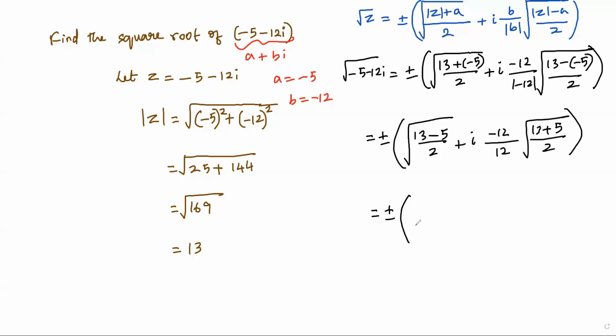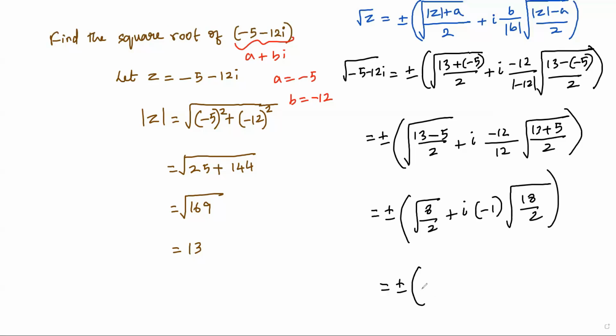Positive or negative, 13 minus 5 is going to be square root of 8 over 2, plus i times negative 12 over 12 will become negative 1. And square root of 13 plus 5, inside the square, 13 plus 5 is 18 over 2. So we get positive or negative square root of 4, and positive times negative becomes negative, 1 times i is i, and square root of 18 over 2 is just 9.